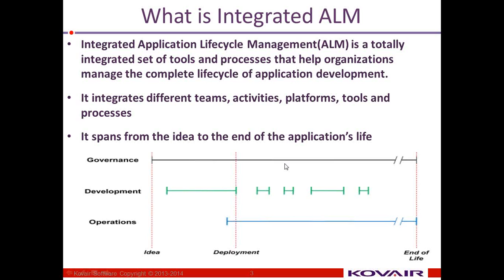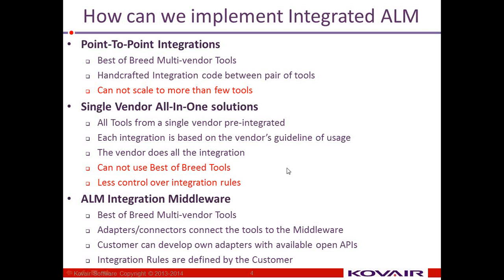The next point is, how can we implement integrated ALM? So there are three approaches available in the market today. The first one is point-to-point integrations. So point-to-point integrations are specific pieces of code that are written to integrate different applications or tools that are used in the ALM.